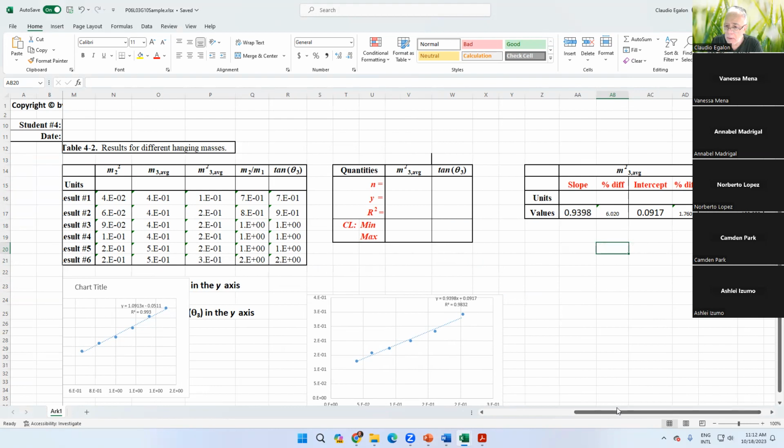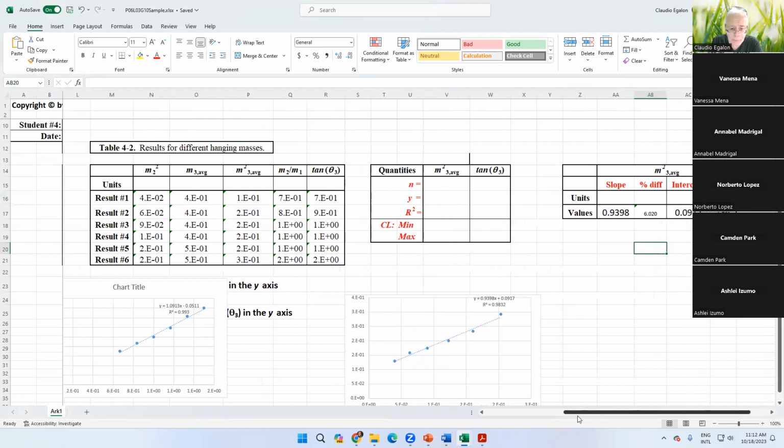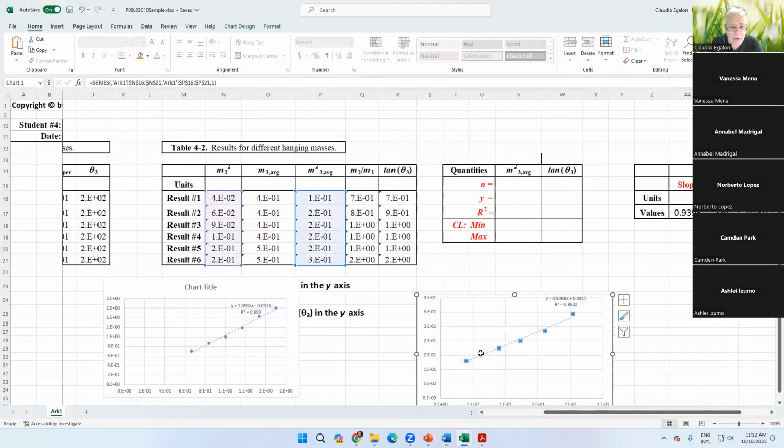Okay, so here you go. You have two graphs here, right? This graph here is for M3 square and M2 square, right?